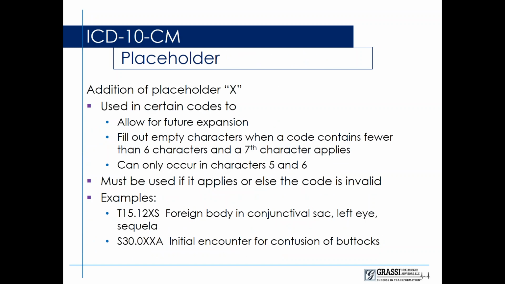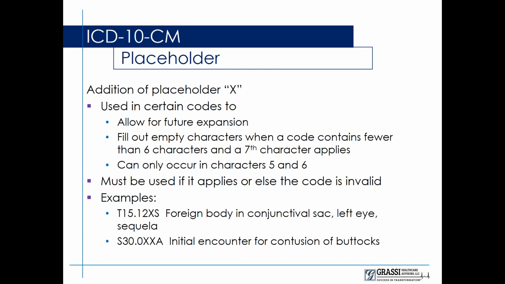Again, we talked about under ICD-10 having these additional X characters. They're really for expansion. So sometimes the code may need a 7th character, but the code in totality doesn't actually have up to 6 characters. So sometimes you'll see an X or 2 X's in there, and basically they are placeholders. And again, that's just for future expansion purposes.